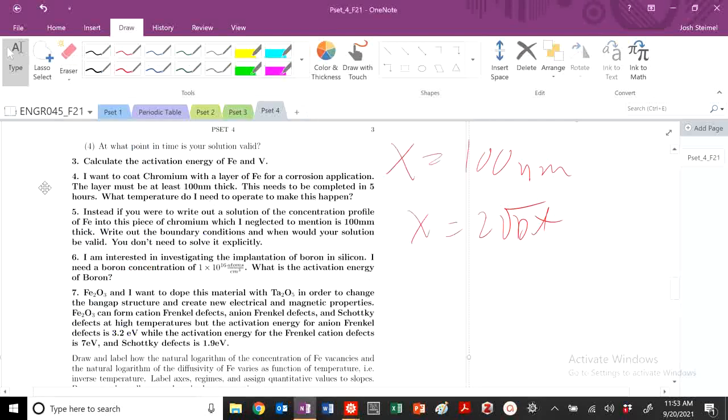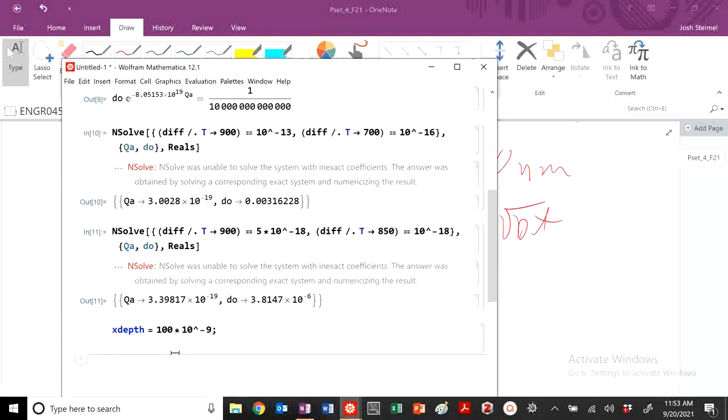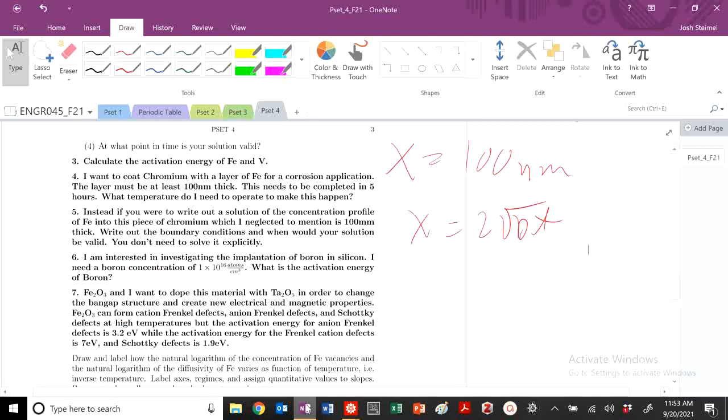What else? I need to finish it in 5 hours. So my time t1, I'm just going to say, is 5 hours times 60 minutes times 60 seconds. So I got that. So now I just need to figure out what diffusivity will work.